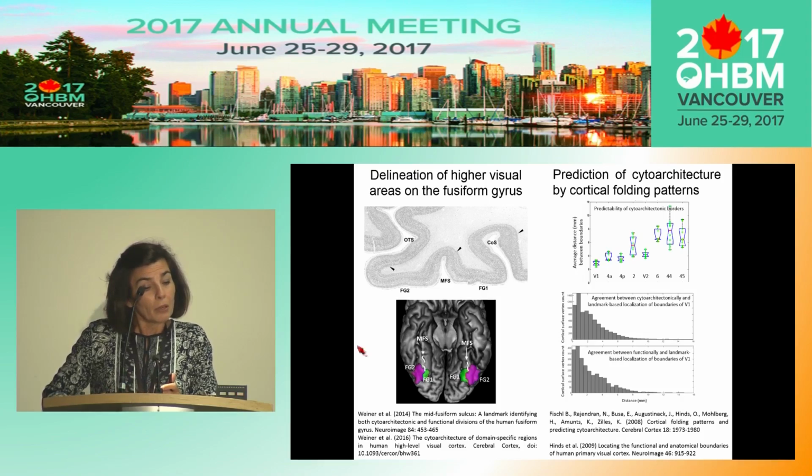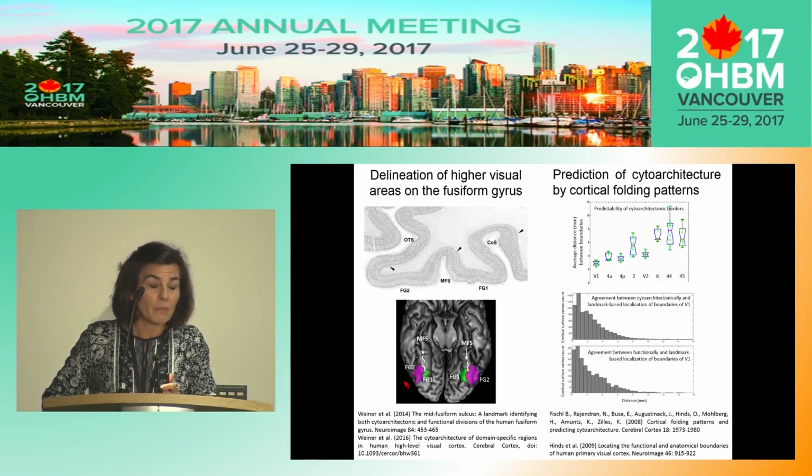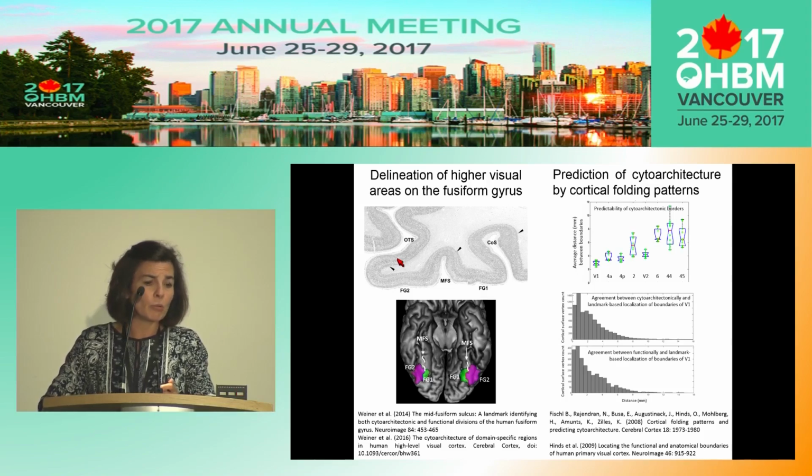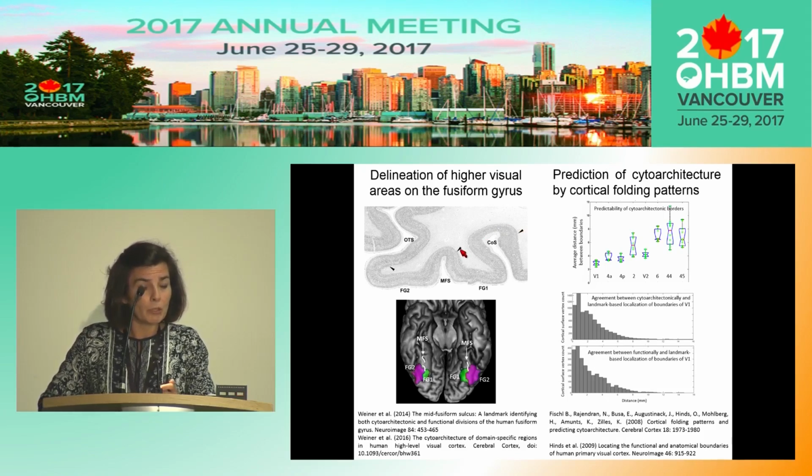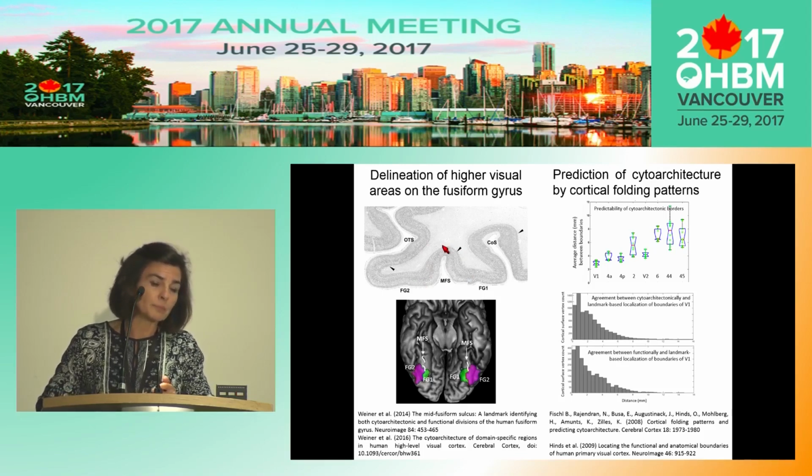Color coding is for cytoarchitectonically identified areas, FG1 in green and FG2 in the violet color. The panel above shows a cytoarchitectonical coronal section through this fusiform gyrus with areas FG1 and FG2. The borders of FG1 and FG2 on this section are highlighted by the arrowheads, and the border between FG1 and FG2 is located within the mid-fusiform gyrus.